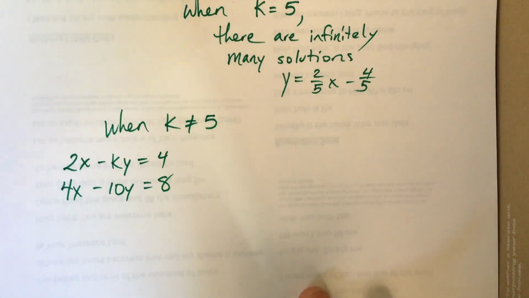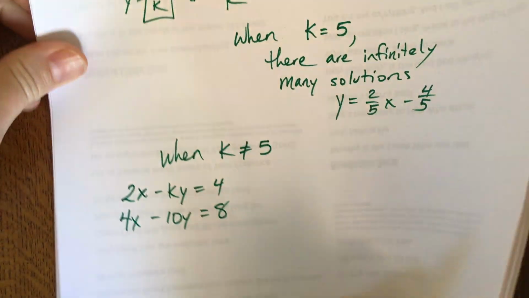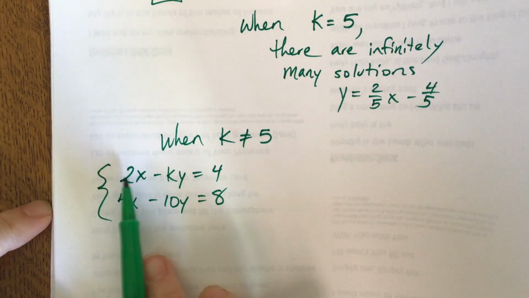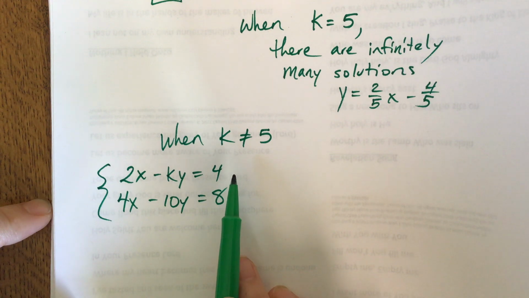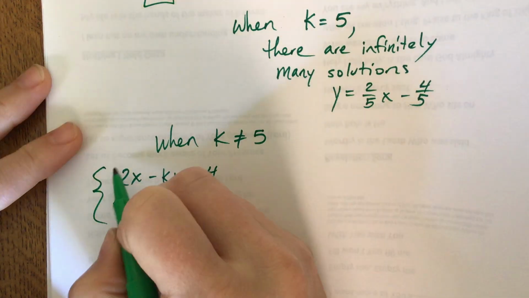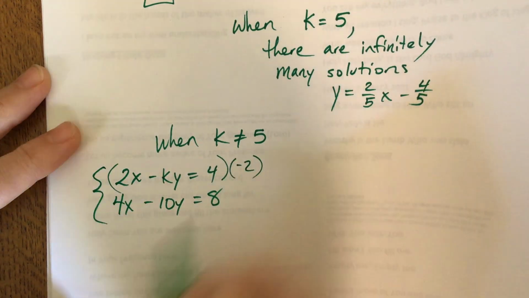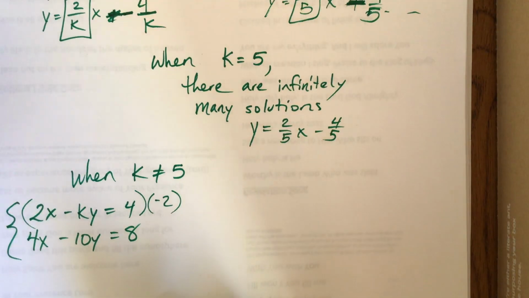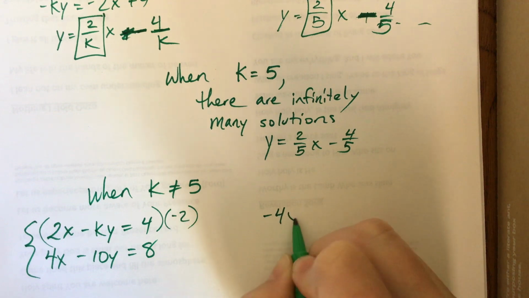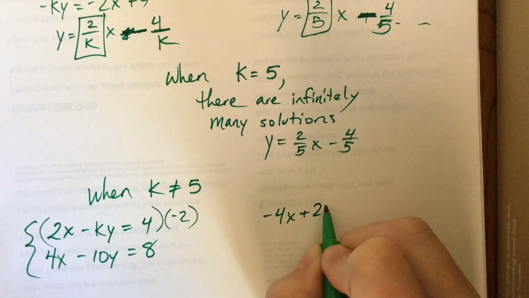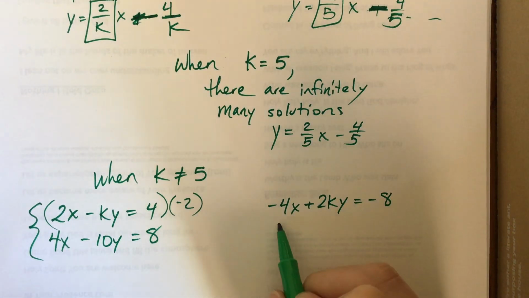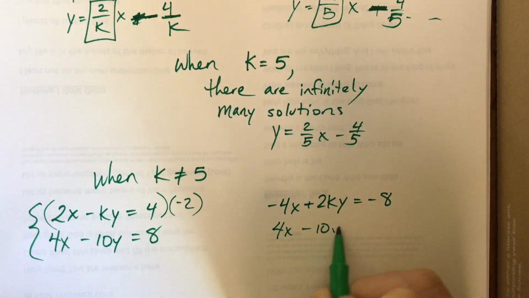I notice that I can use elimination if I multiply the top equation by negative 2. So I multiply this whole thing by negative 2, which gives me negative 4x plus 2ky equals negative 8, and I still have 4x minus 10y equals 8.